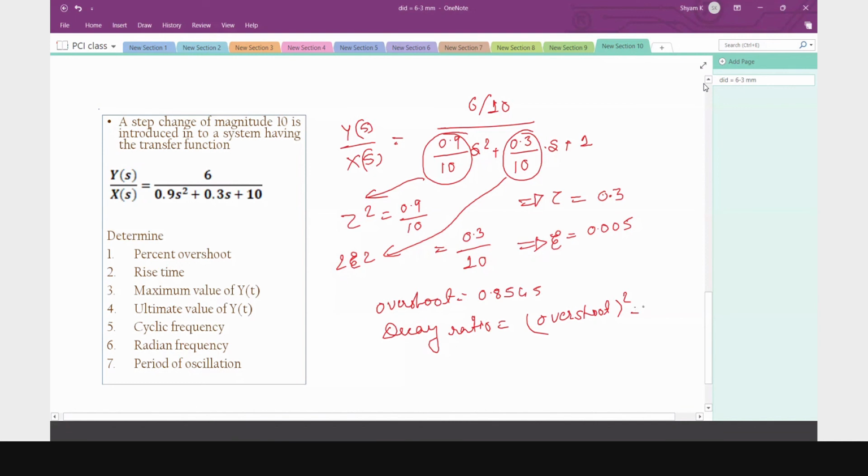I got 0.730. Correct. Nikita, Pratish, correct. Pranit, correct. Shubham, correct. Hansraj, correct. Okay. Decay ratio. What will be the Y(t) max? Maximum value of Y(t).